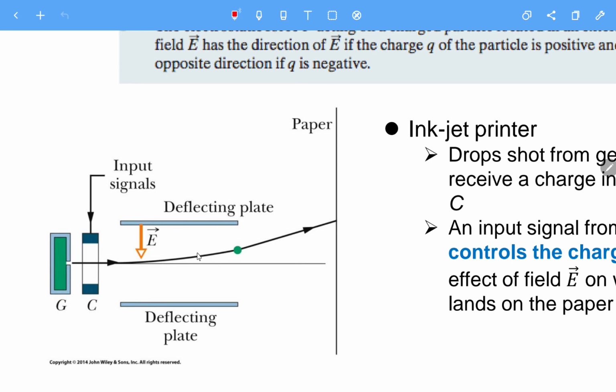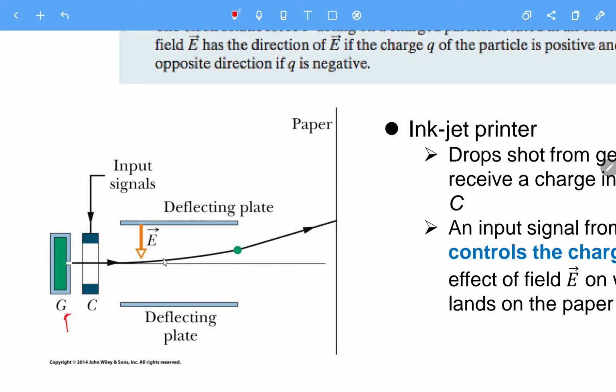So the idea for the inkjet printer is that this is supposed to be the green color. It tries to inject ink to the right side, and here is the input signal to control how many charges we put on the ink.